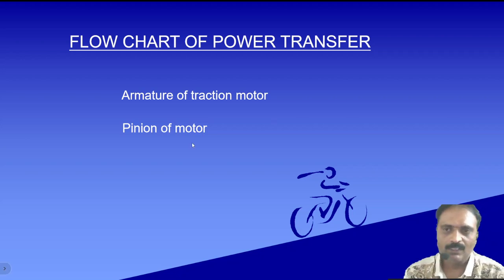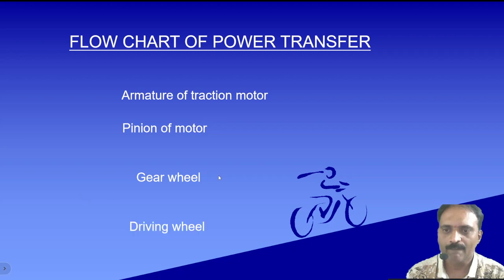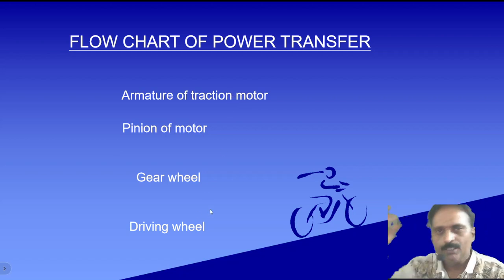The first one is the traction motor, where the mechanical power is developed, and from there it will be transferred to the pinion of the motor, and from there to the gear wheel, and finally from the gear wheel to the driving wheel. So this is the hierarchy of mechanical power transfer from traction motors to the driving wheel.